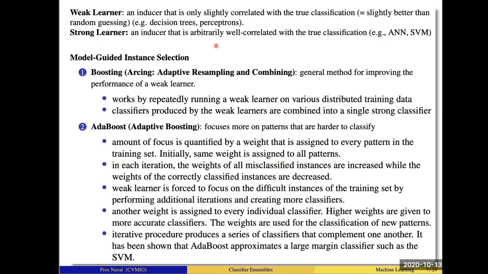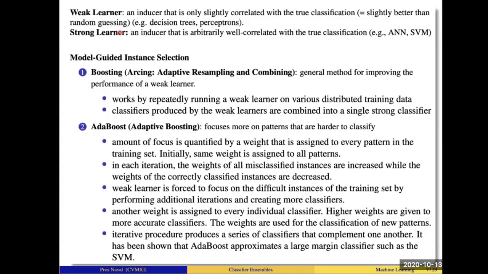Okay, so imagine weak learners with just slightly better than random guessing put together in an ensemble can actually beat the SVM. Beat or almost approximate, I won't tell you the answer, so find out. But the difference between the performances of these two, the ensemble and the SVM, is going to be very small.